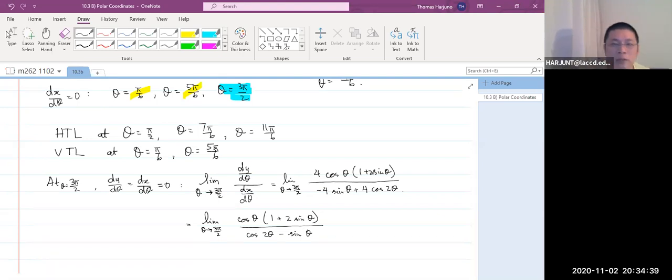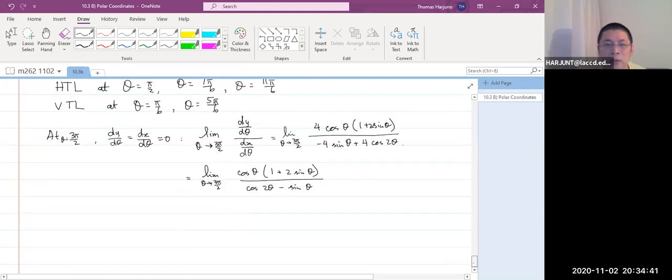Oh, you know what? We may be able to do this. Limit as theta goes to 3 pi over 2. On the top, I get cosine theta plus 2 cosine sine, that's sine 2 theta, over negative sine theta plus cosine 2 theta.